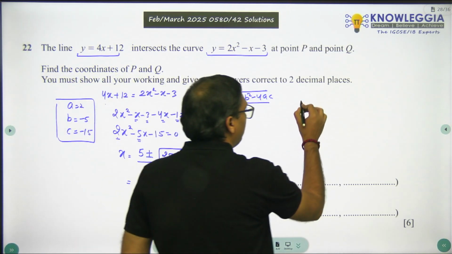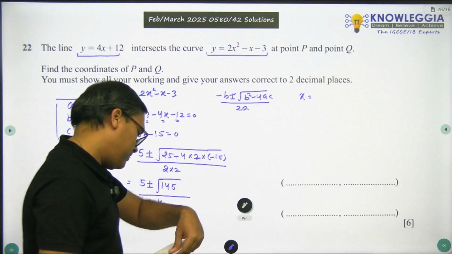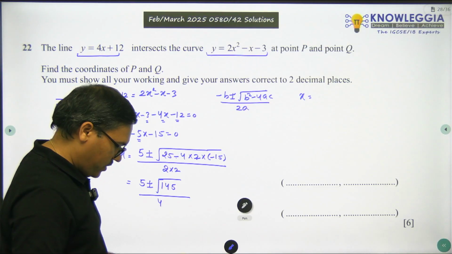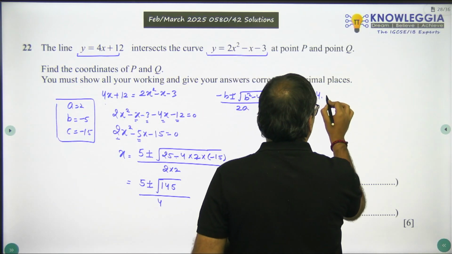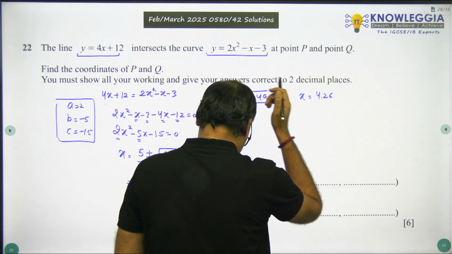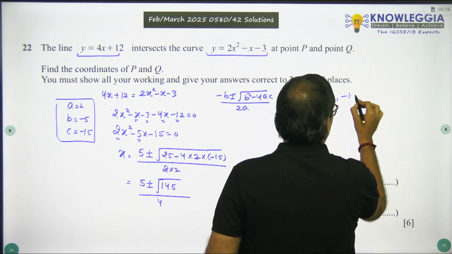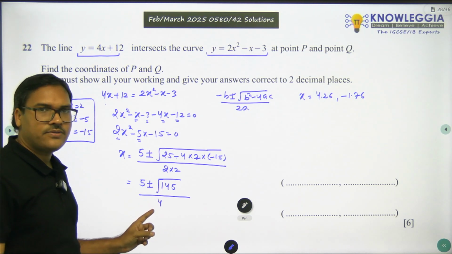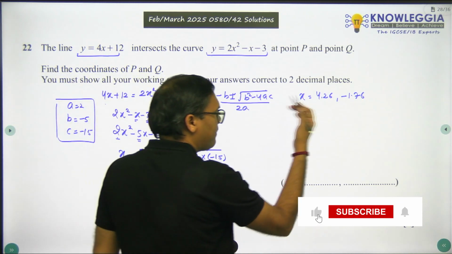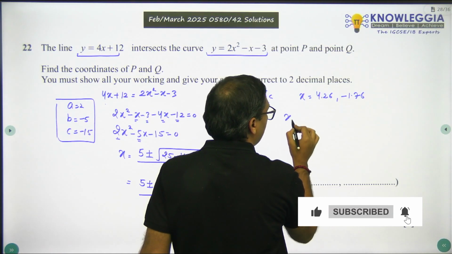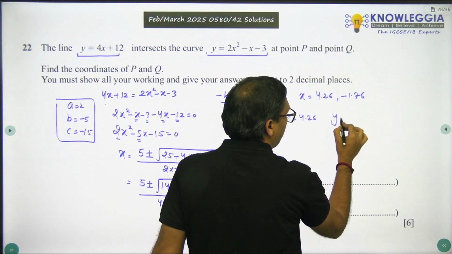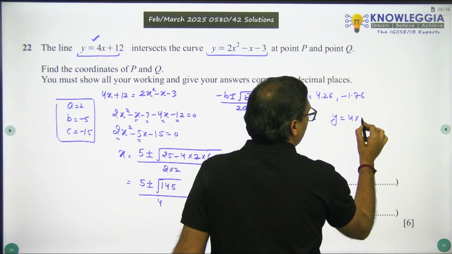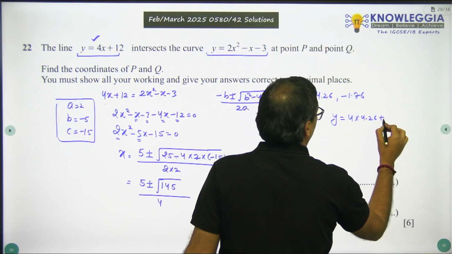So if I put these values, you will find x is equal to 4.26 and minus 1.76. Just put these values. Now, how will you get the y value? When x is equal to 4.26, y will be equal to, you can use any of the equations, let's say this equation, 4 into 4.26 plus 12.